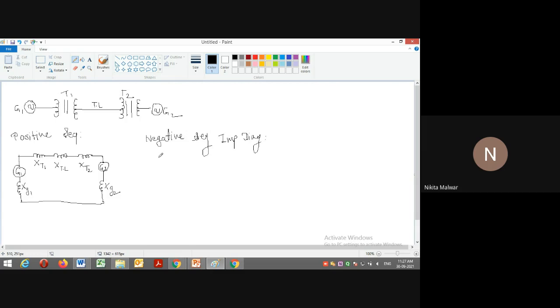We have to consider the same diagram as the positive sequence, but one thing will be neglected, that means the voltage sources. These voltage sources are absent in the negative sequence. So we will draw by considering only the impedances of every equipment connected in your single line diagram.